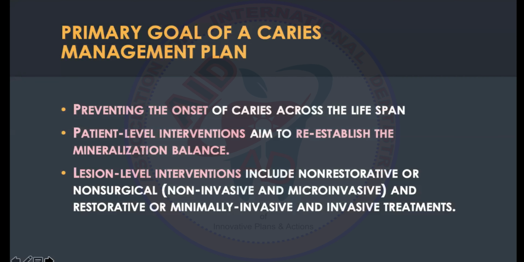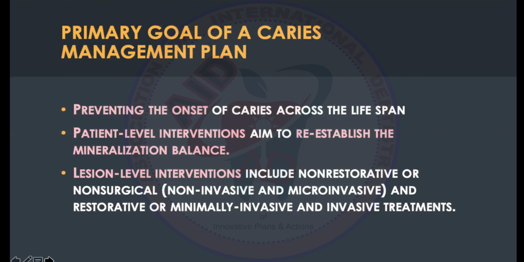Now, we do not talk about caries cavity management. We talk about caries management, right? We do not talk about how to fill the cavities, but we talk about the full caries management. In that plan, there are a few important goals which we have to achieve. We want to prevent the onset of caries across the lifespan.